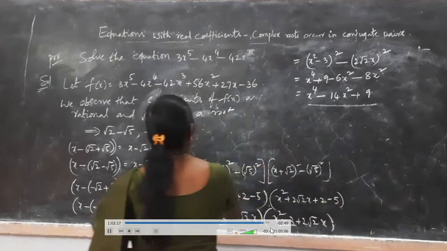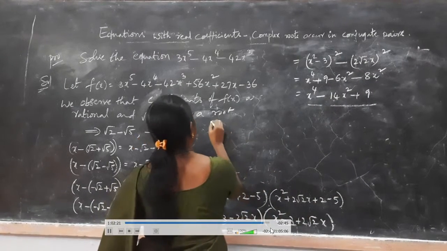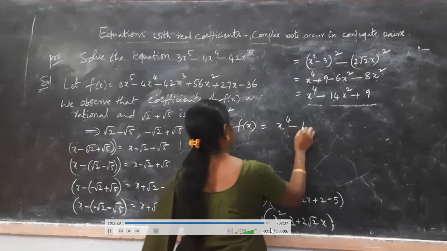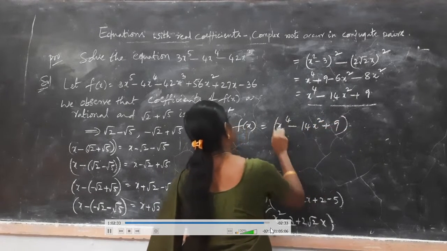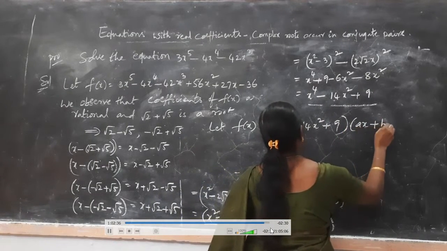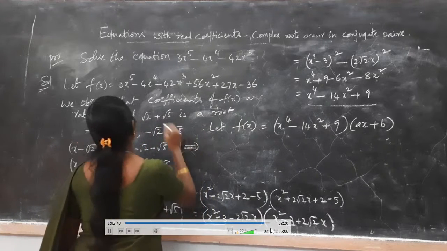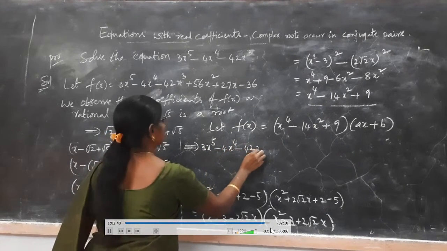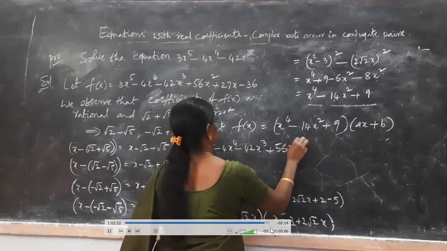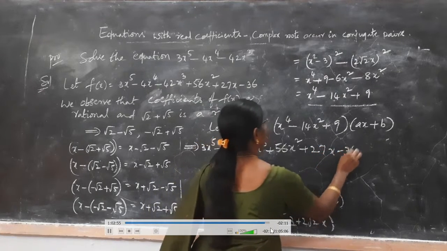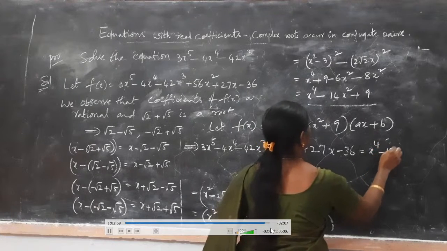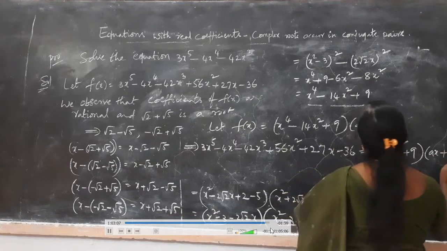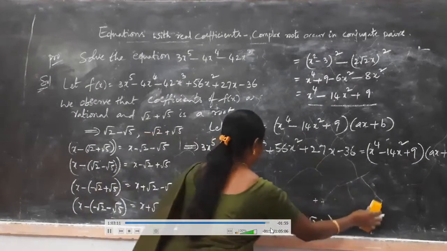Now we have multiplied everything and brought the factor into this form. Now let f(x) be divided by this. Since f(x) is a 5th degree polynomial, dividing by a 4th degree factor gives a linear factor ax plus b. So this implies f(x), which is 3x power 5 minus, I am writing the whole thing. So this is f(x) equal to (x power 4 minus 14x square plus 9) into (ax plus b). It is very simple, by equating the coefficients of like terms.